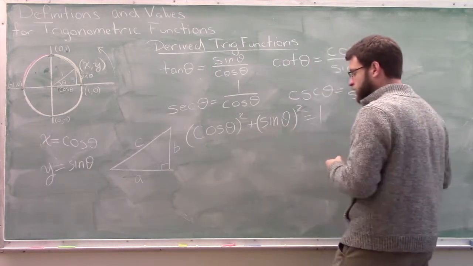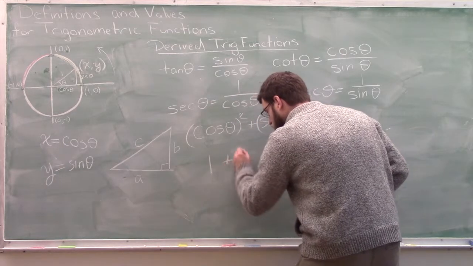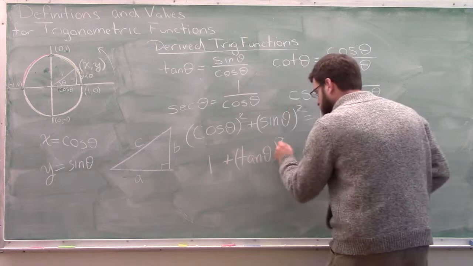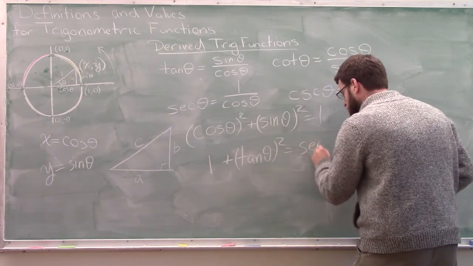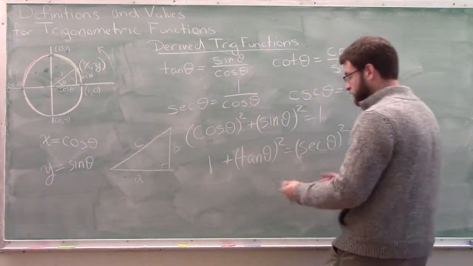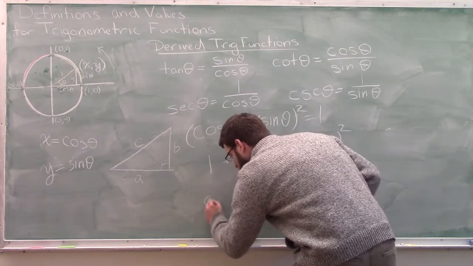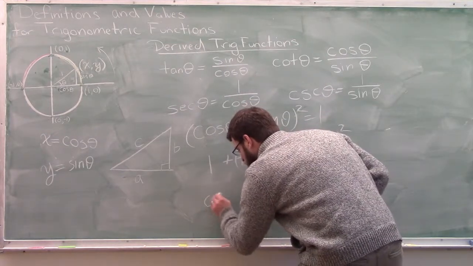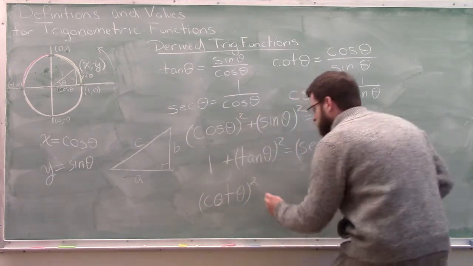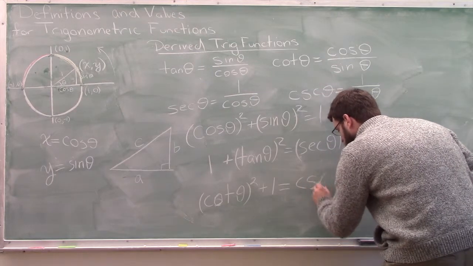We have the version we get when we divide everything by cosine squared, which is written as 1 plus tangent squared is equal to secant squared. And then we have the version we get if we divide everything by sine squared. And that looks like cotangent squared plus 1 is equal to cosecant squared.